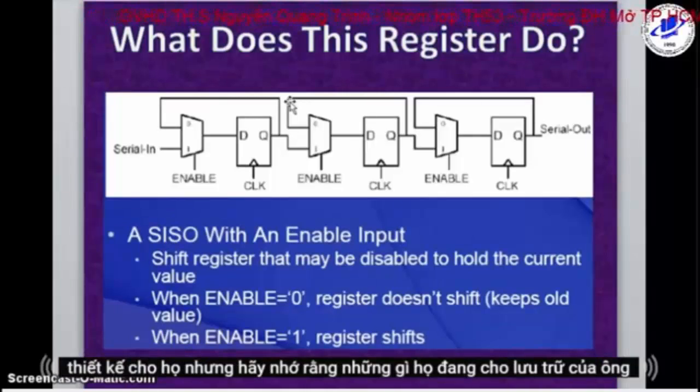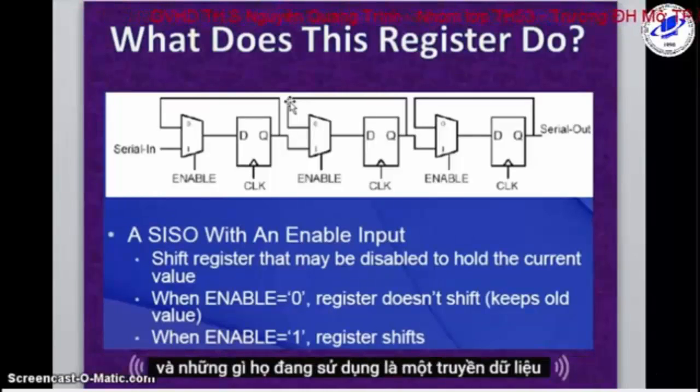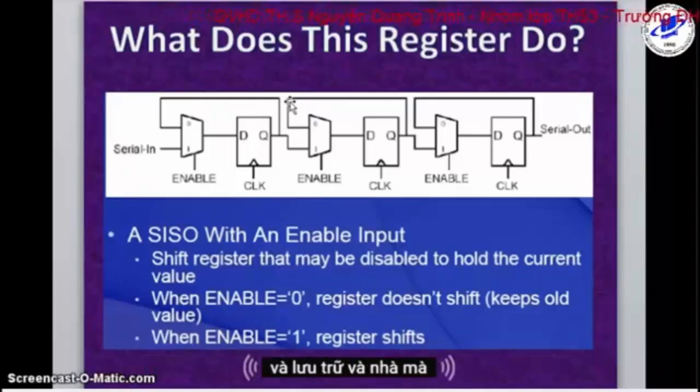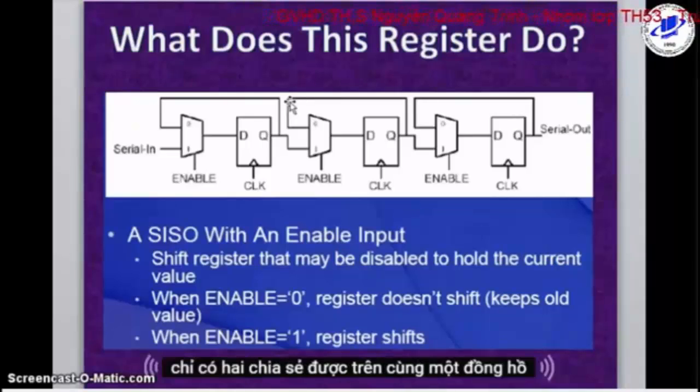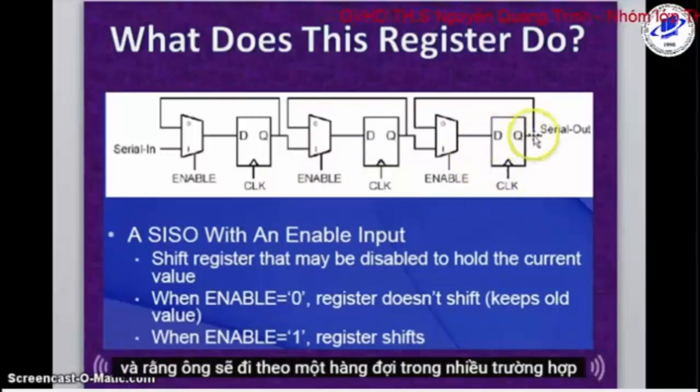But just remember that what they're for is storage, and what they're used for is data transfer and storage, and that they all need to be on the same clock, and that D will follow Q in most cases.